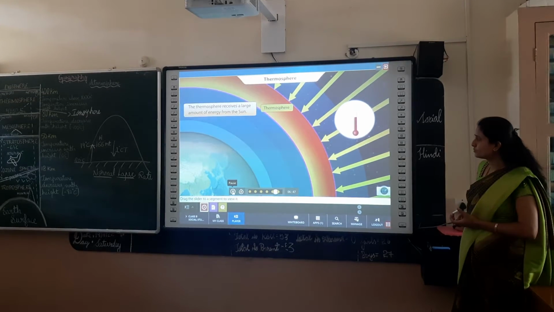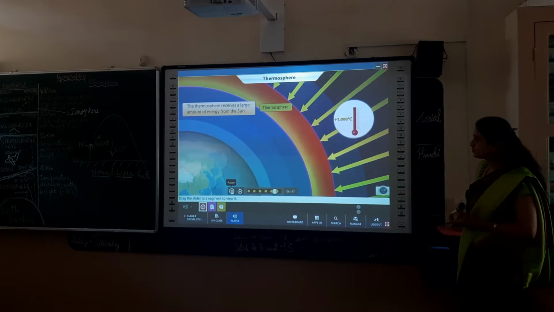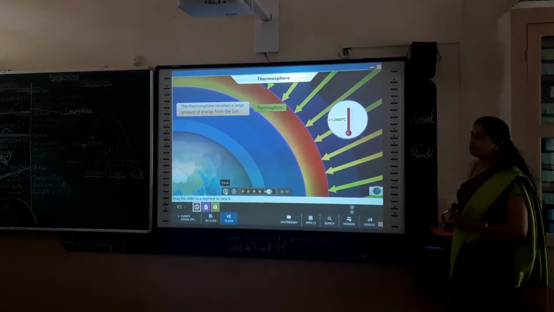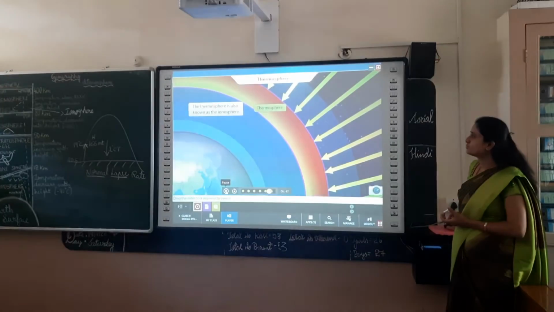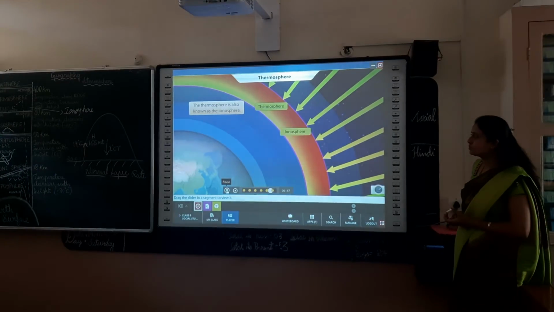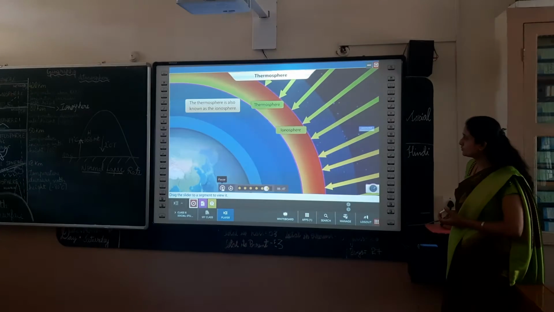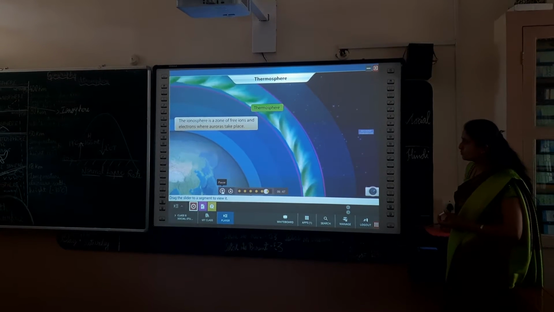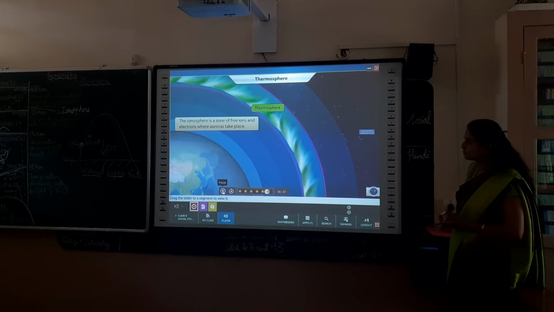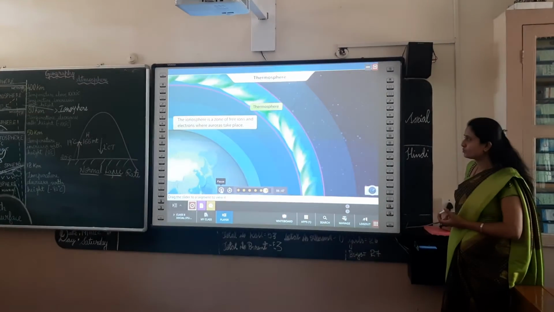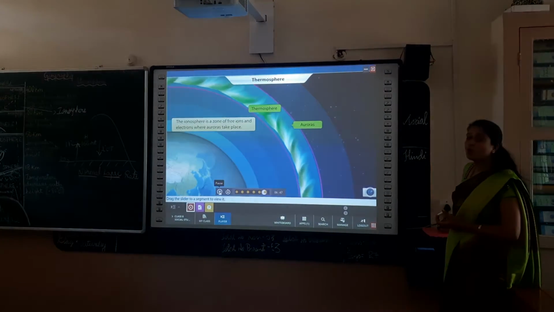The temperatures here are above 1000 degrees Celsius. The thermosphere is also known as the ionosphere. It's a zone of free ions and electrons which cause a display of light known as auroras.